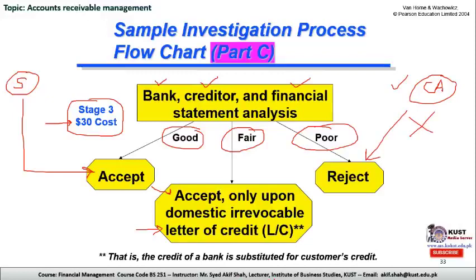So this is all about the sequential investigation process used by a typical supplier or manufacturing company when credit applicants approach to purchase commodities on a credit basis.